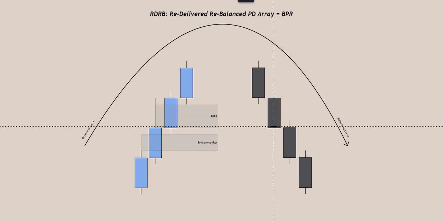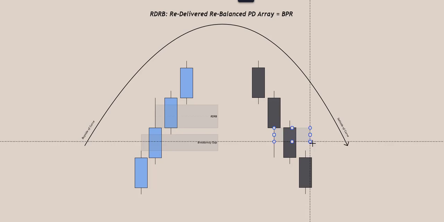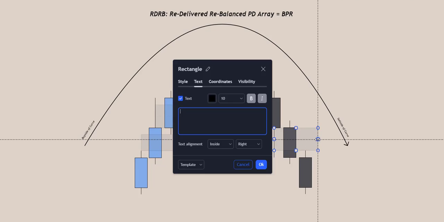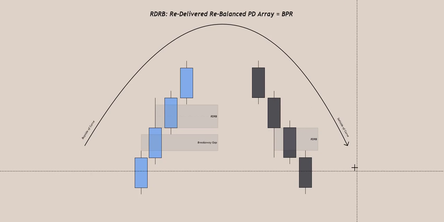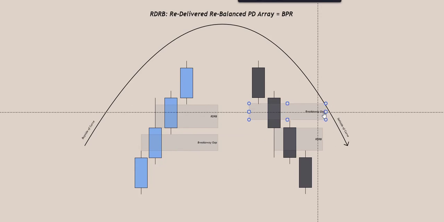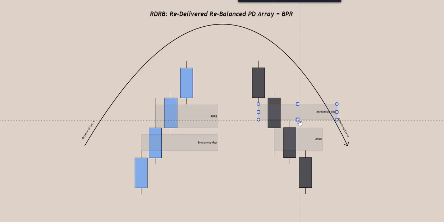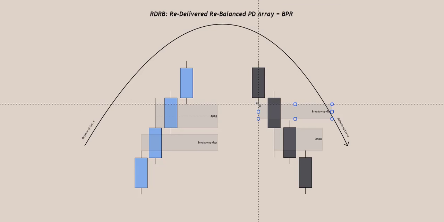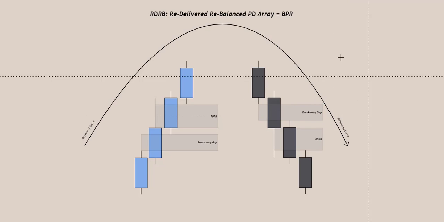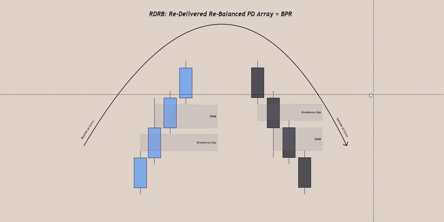And so we can take from the close to the top wick of that candle, and this is an RDRB. So right here, we can identify this as an RDRB, and that turns this fair value gap resting above it into a breakaway gap. And so this is when we would be looking for it on the sell side of the curve.